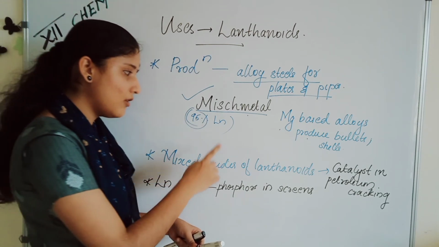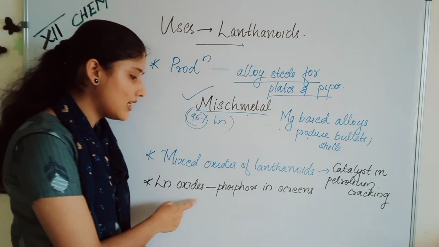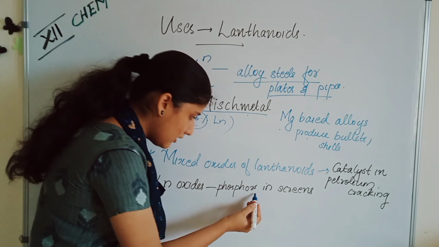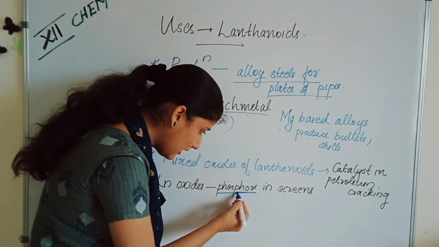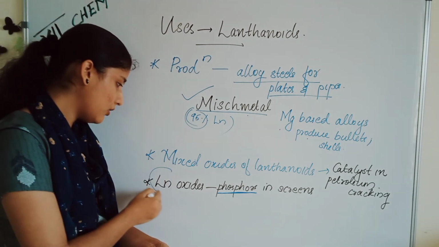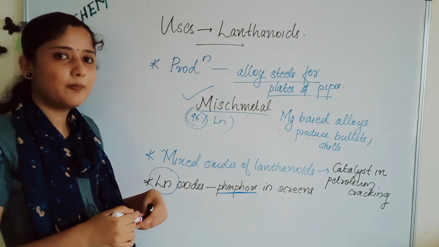Next, lanthanoid oxides are used as phosphors in screens. Phosphors are used for giving different colors and glow to television screens. These are the different uses.